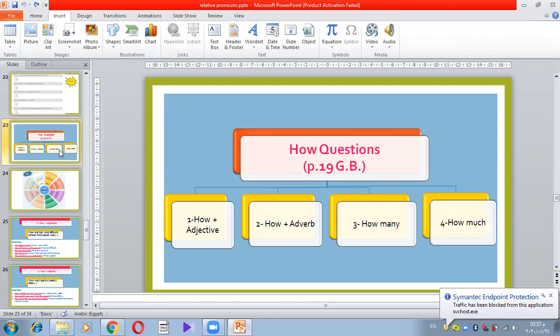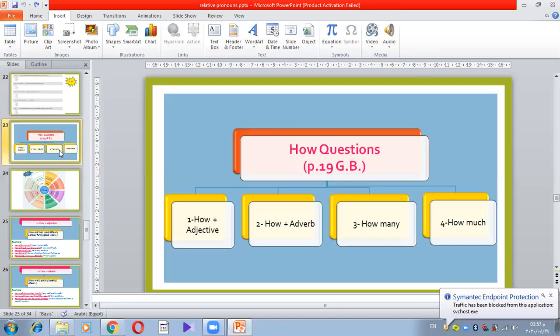But the maximum number of how questions can be how many, guys? You can get 10, you can get 20, you can get 30. Well, there are hundreds of questions that can start with how.